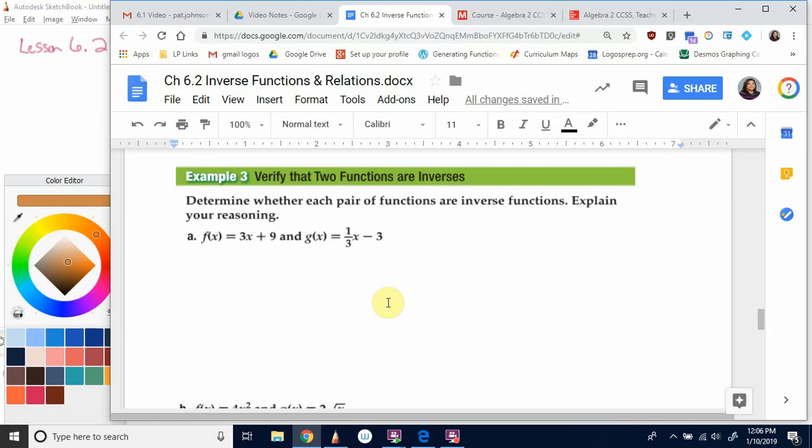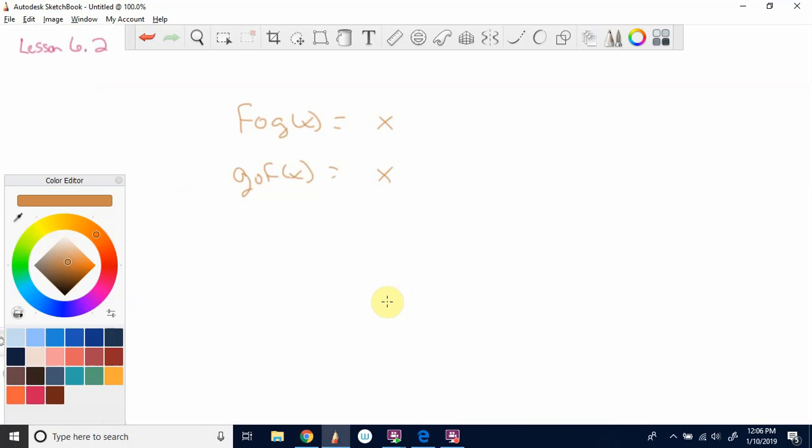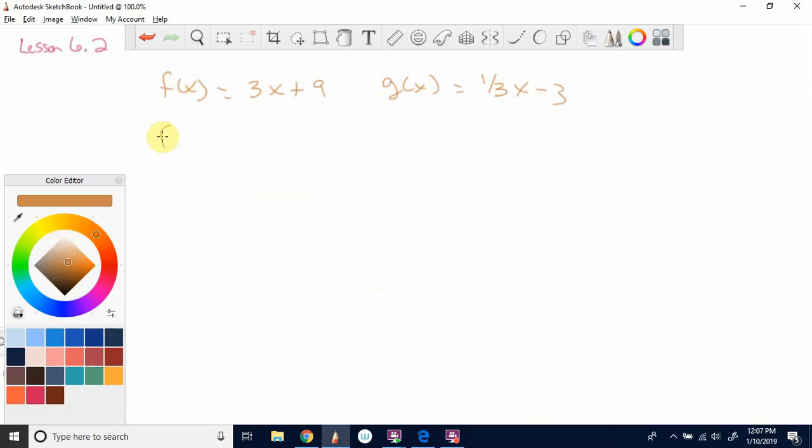They want us to determine if these two functions are inverses. So they give us f of x equals 3x plus 9, and g of x equals 1/3 x minus 3. So the first thing we're going to do is FOG of x. Remember, it can be written as f of g of x. This helps us because we do order of operations, which means you start inside the parenthesis.